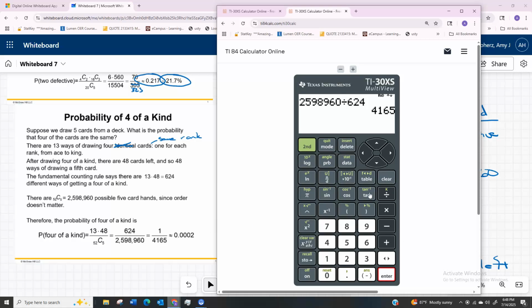So that's how we get the 1 out of 4,165. But this calculator didn't like that. It said that's too big of a number in a fraction. Let's just switch it to a decimal. So in ALEKS, they very often, again, will either say a reduced fraction or a decimal to 3 decimal places.